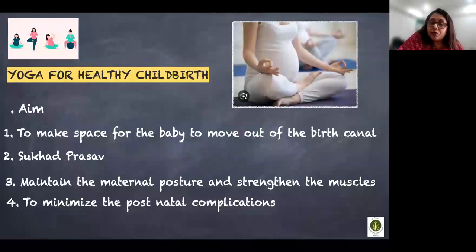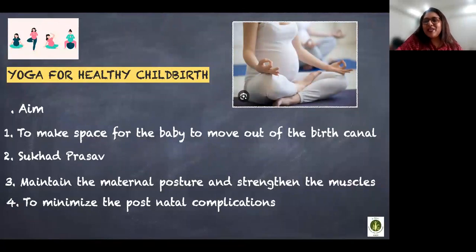From preconception through the trimesters, the previous presentations and my colleagues have explained how yoga, asanas, meditation and detoxification work. So let's move directly to what happens during childbirth. Now this is the perfect time for the final product.